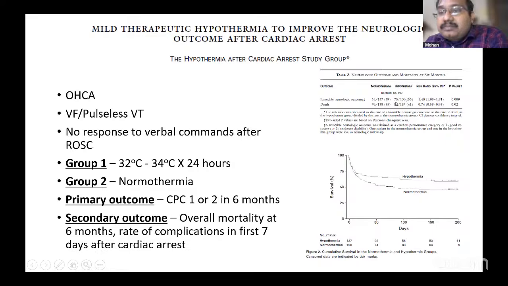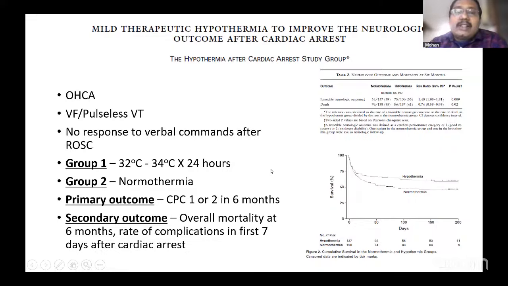As you can see, the percentage of patients in hypothermia who had a favorable neurological outcome is 55, whereas it is 39 in normothermia. The mortality is less in the hypothermia group, 41% compared to 55% in the normothermia group.